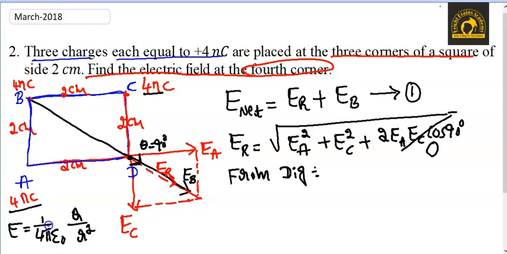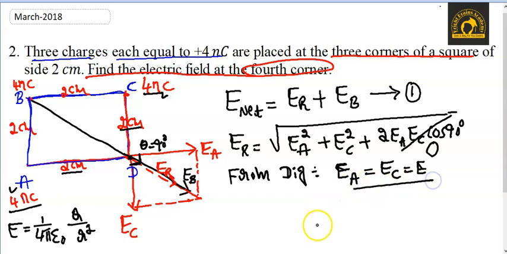This is a constant value, and it depends on q and r square distance. Here both charges are the same and both distances are the same. So the conclusion is EA is equal to EC, that is equal to E. Both magnitudes are the same.